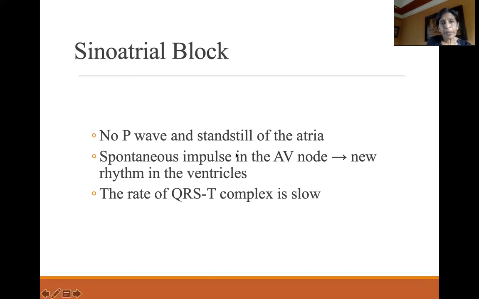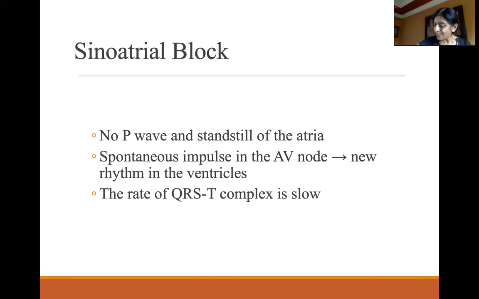Okay, so what if there is sinoatrial node blockade? Okay, SA node blockade. Well, then what happens is there is no P wave. Okay, so now the new pacemaker would be AV node.